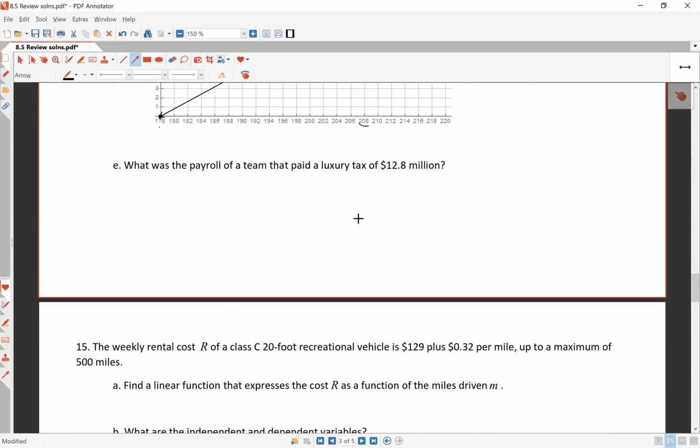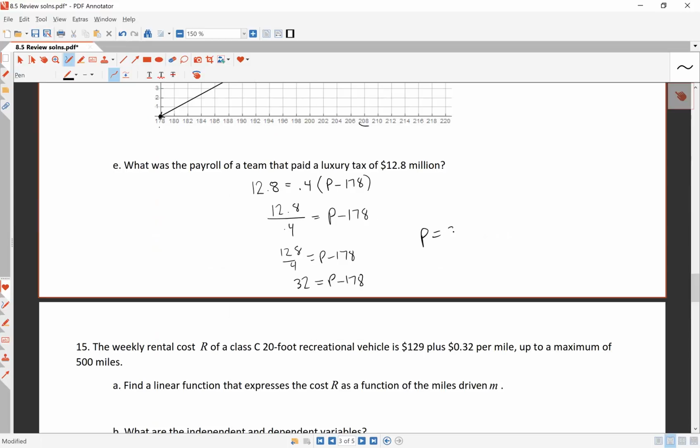And then the payroll of a team that paid a luxury tax of 12.8. So this time 12.8 is the luxury tax, and that was 0.4 times P minus 178. Solving for P, we'll take 12.8 and divide by 0.4. And that's 128 divided by 4, which is 32.